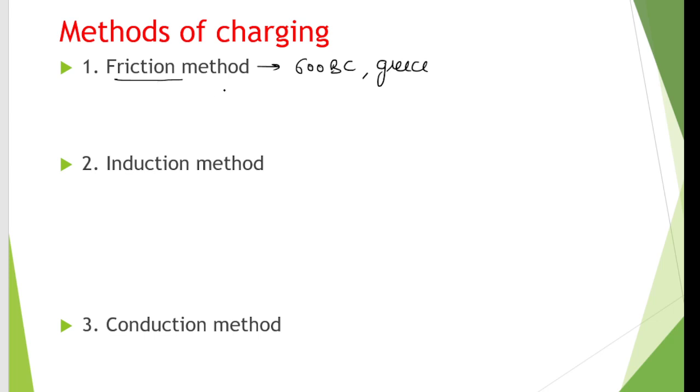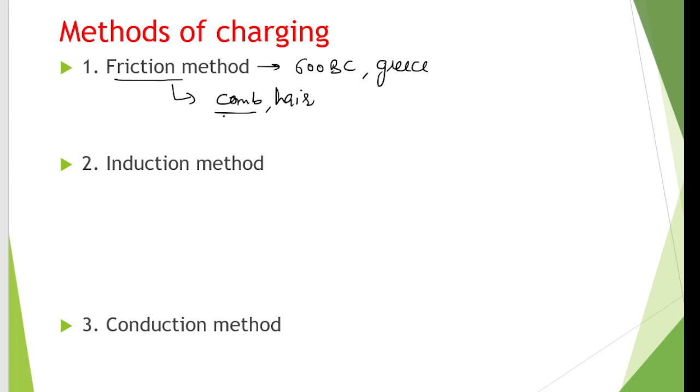In the friction method, we rub two objects having insulating properties. For example, when we rub a comb in our hair, what happens?